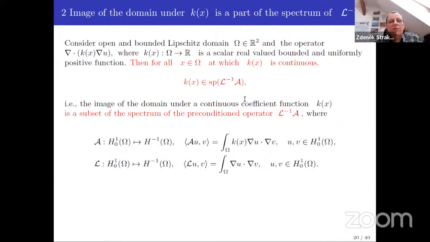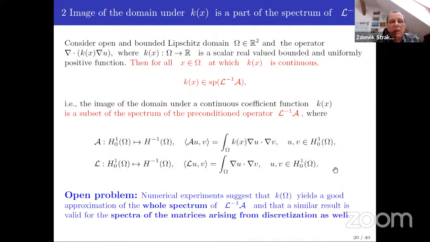So that means that, for example, if K is a continuous function throughout the closure of the domain, then the closure of the image of the whole domain must belong to the spectrum. Very interesting result. And of course, A and B are the operators defined as they typically are in Sobolev spaces.